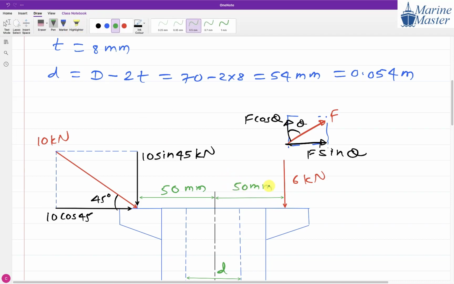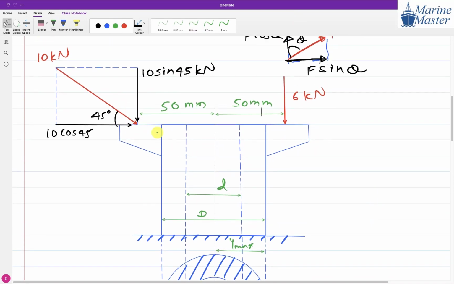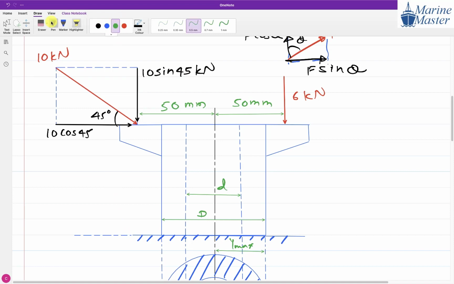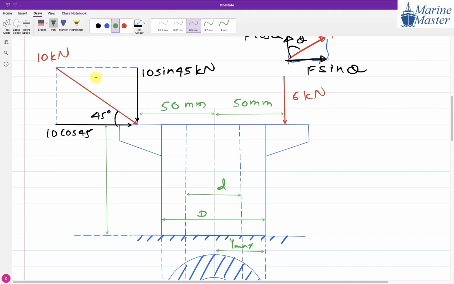That is also given, guys. So these are the things for us. Then what is missing here? What have I not shown on this drawing, guys? Can anyone help me? Something is missing from this drawing. Height of the column, correct. Height of the column is missing. And how much height of the column do we have, everyone? 160 mm.